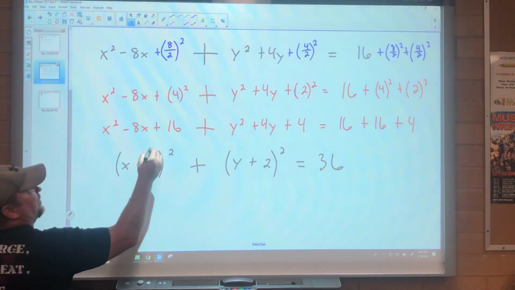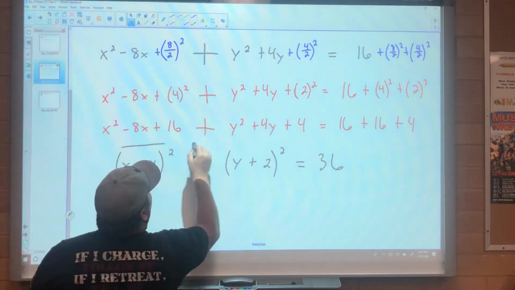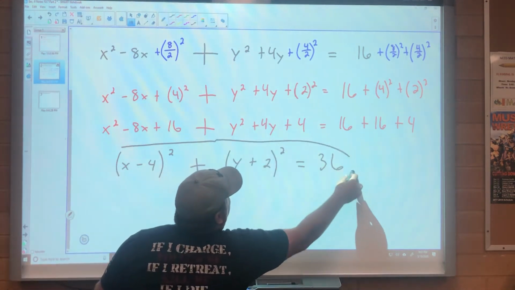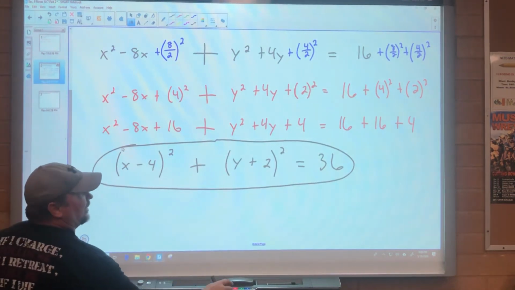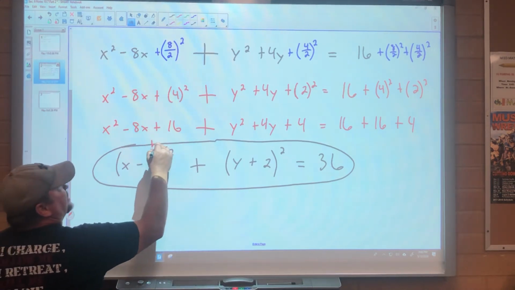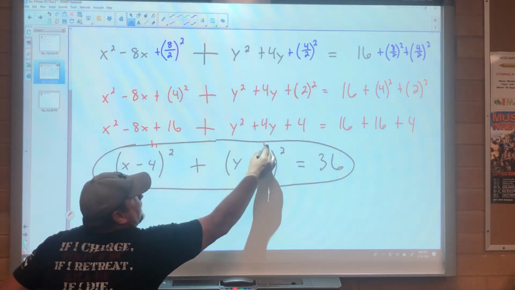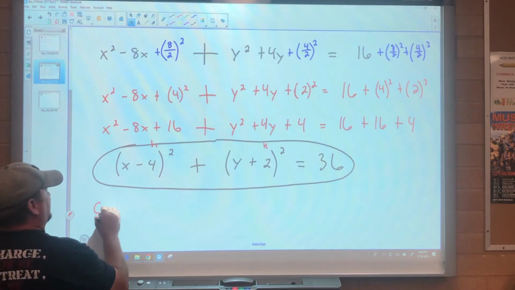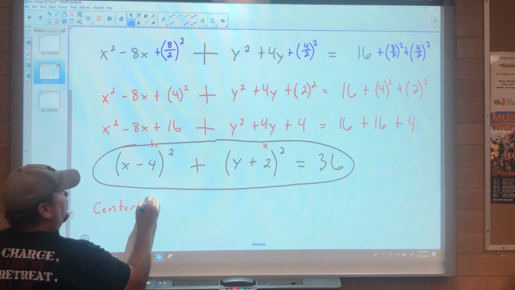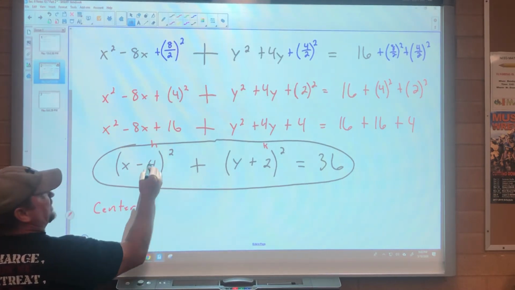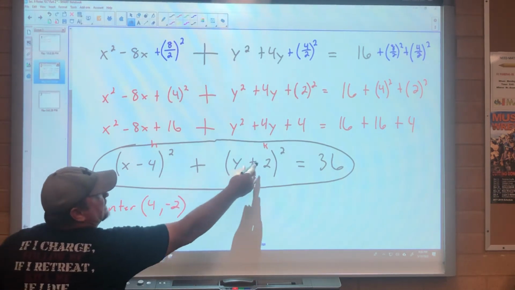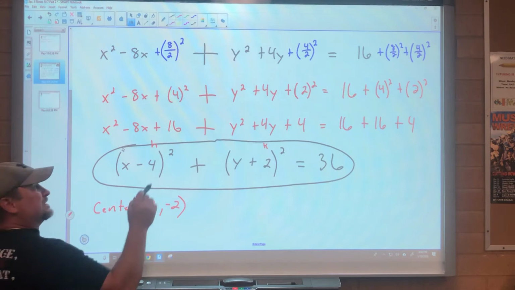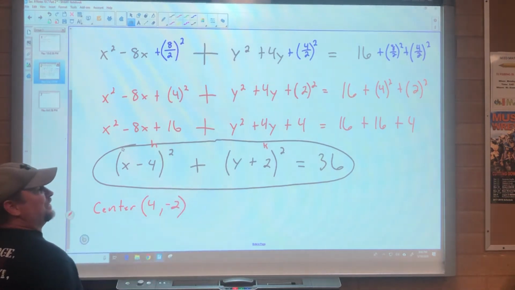You guys got to remember, this is our answer as far as it is now in standard form, and now they can ask us to go find our center. That's H, that's K. So center will be a 4, because remember it's a liar, and a -2 because it lied when it's in there, so it comes out telling the truth.